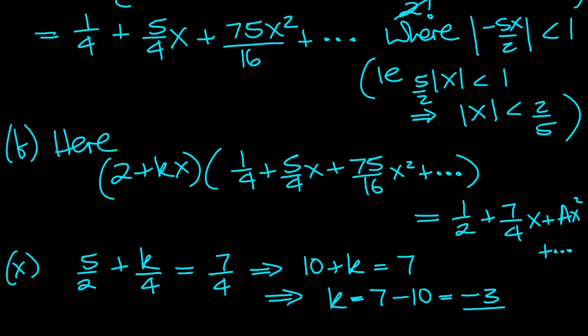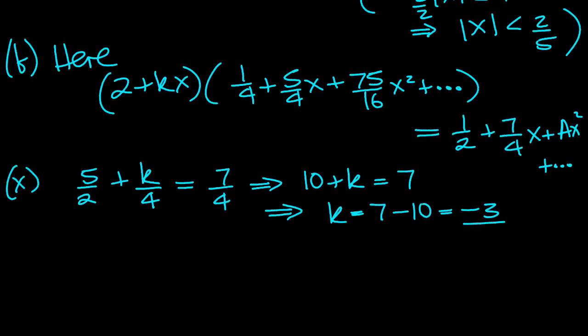Okay, and now let's equate x squareds. So what have we got here? For the x squared terms, we're going to get 75 over 8, since 2 times this will be 8 x squareds.